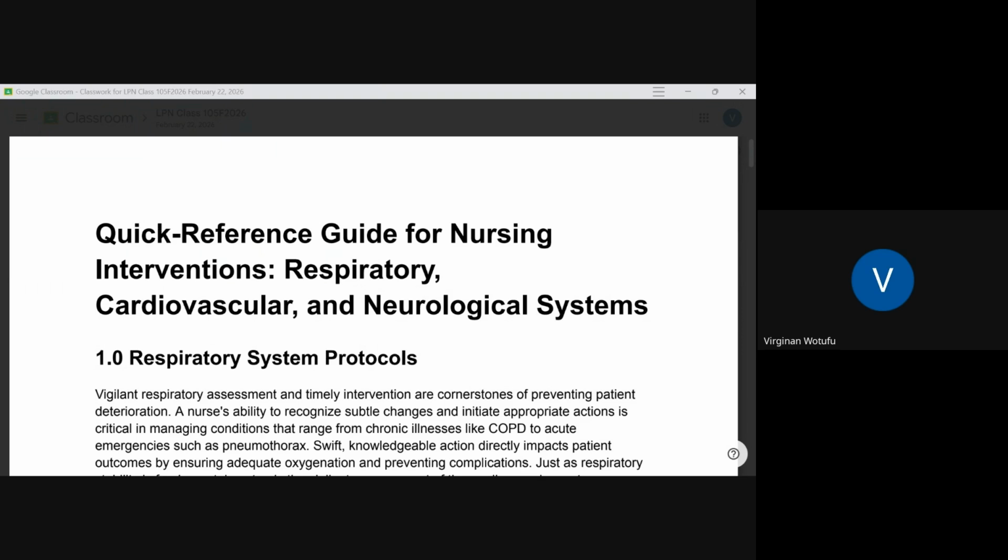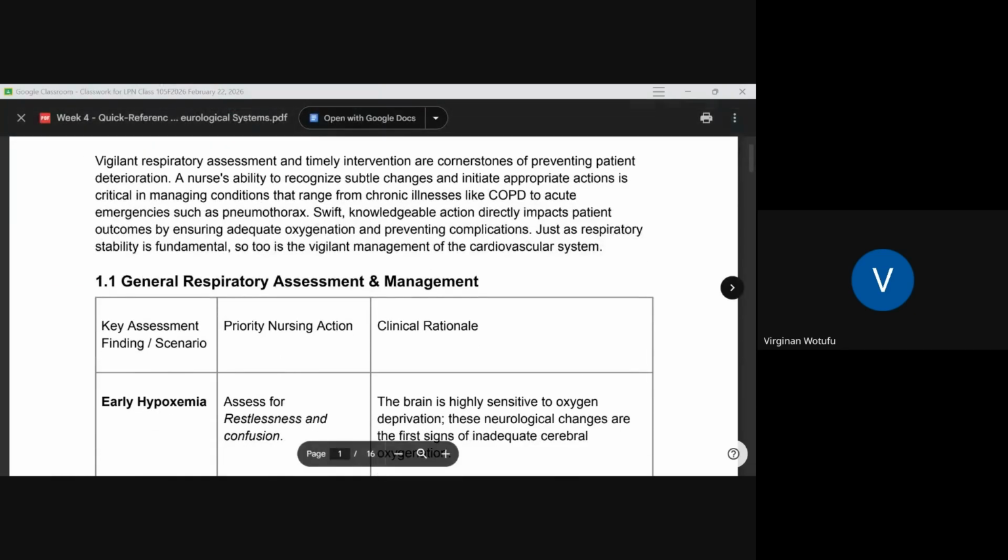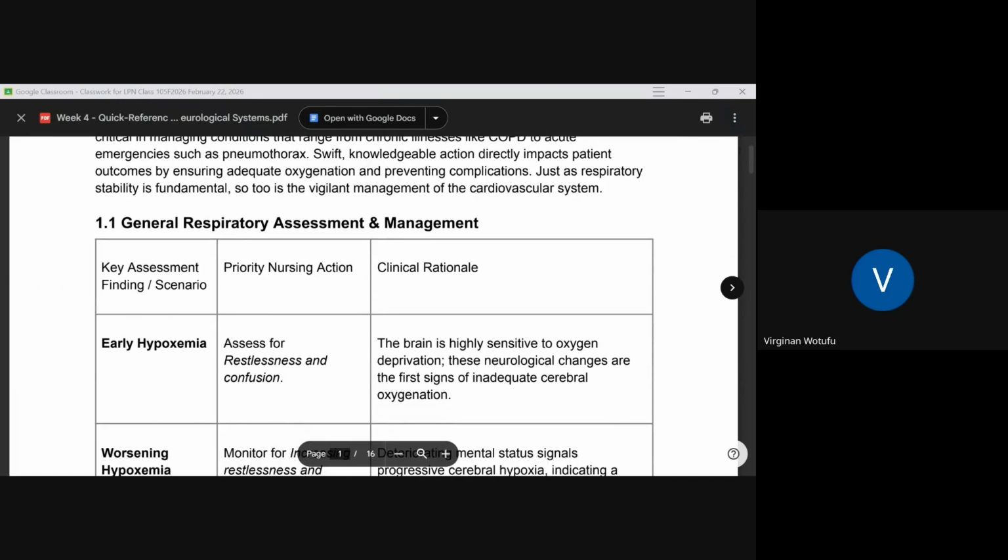We'll look at those problems, the key findings associated with them, and some interventions or key notes to remember. First, let's take a look at pneumonia. In assessments, we will often find rapid shallow breathing and confusion.